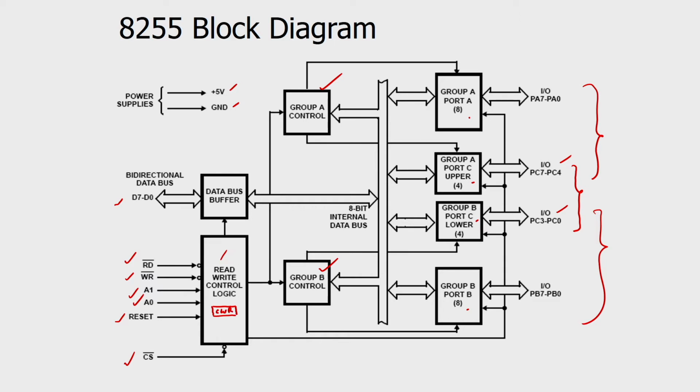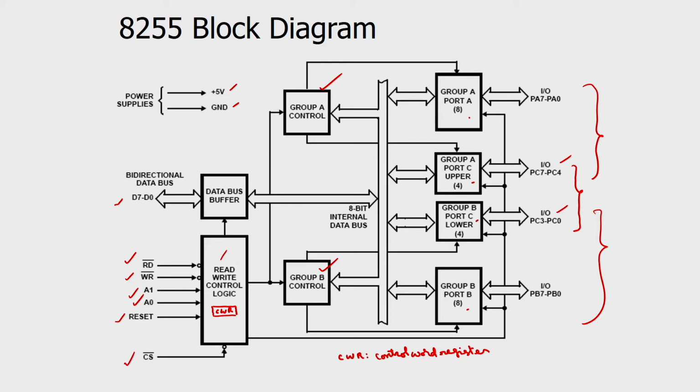CWR. CWR stands for control word register. By programming this control word register, we can program the ports as input or output port, and in any one of the modes, mode 0, mode 1 and mode 2. Okay.